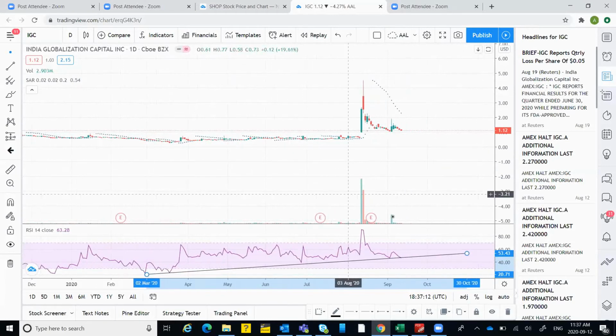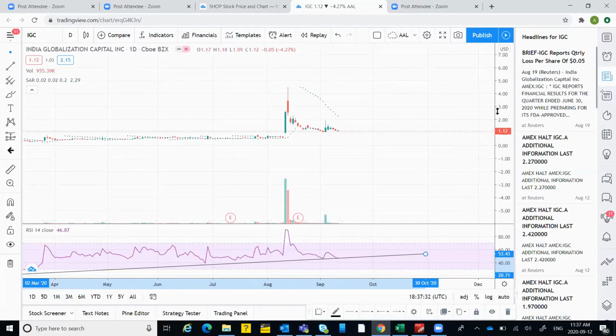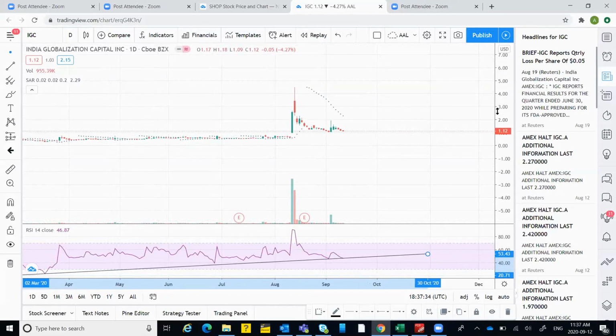And if you look at the volume on this green candle, when this green candle formed, most of the people probably exited. Those who got it here got a chance on this day and exited. That's why the volume was high, and then again the volumes were low. So watch closely this stock for the coming sessions.